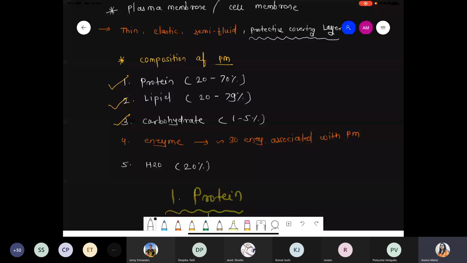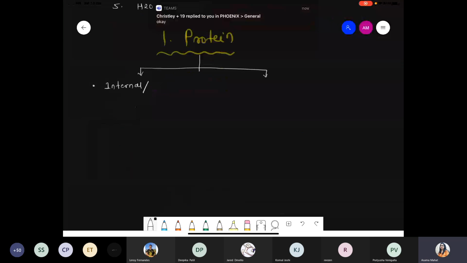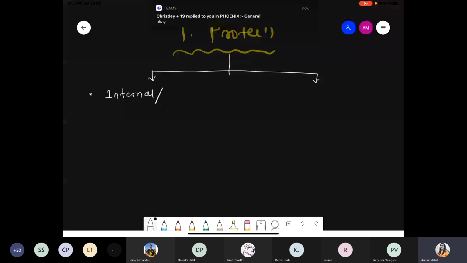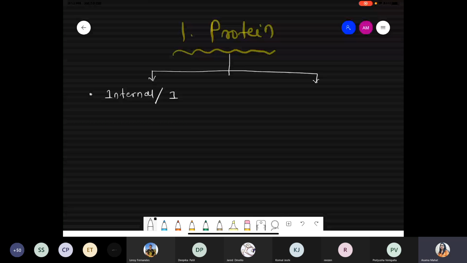Next part, we are talking about the parts of the protein. Internal protein is also called the intrinsic protein, and intrinsic protein is also called the integral protein.